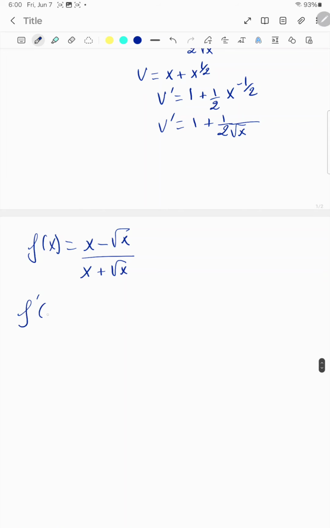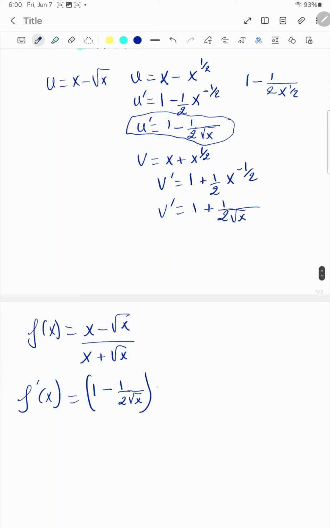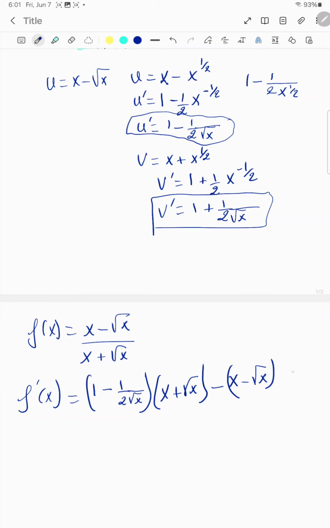So f prime of x is equal to u prime v, and my u prime is 1 minus 1 divided by 2 square root of x, times my v, which is x plus square root of x, minus my u, which is x minus square root of x, times my v prime, which is 1 plus 1 over 2 square root of x, divided by v squared, which is x plus square root of x squared.